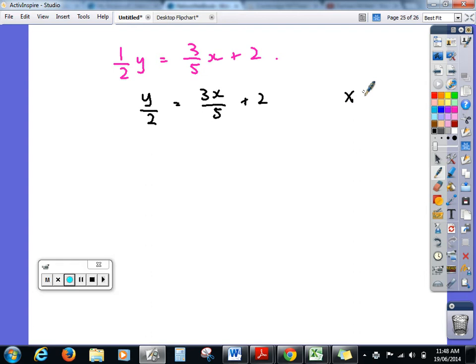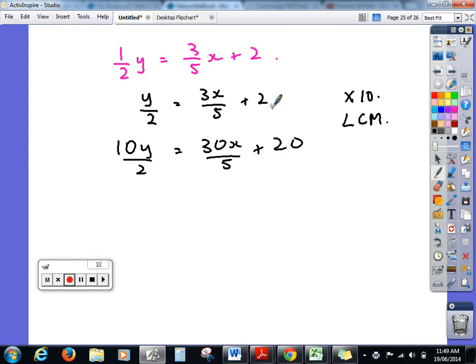And this time we're going to multiply everything by 10, because 5 times 2 is 10. That's the lowest common multiple, so you try for the lowest common multiple. So multiplying by 10, you'd get 10y on 2 equals 30x on 5 plus 20. Don't forget to do that one as well. And you get 5y equals 6x plus 20.